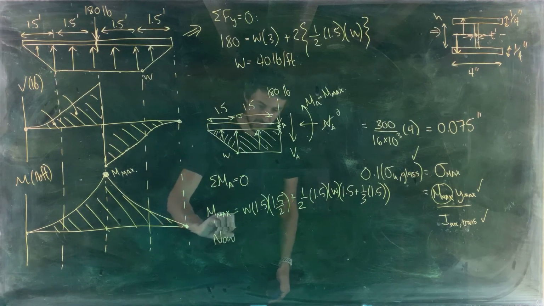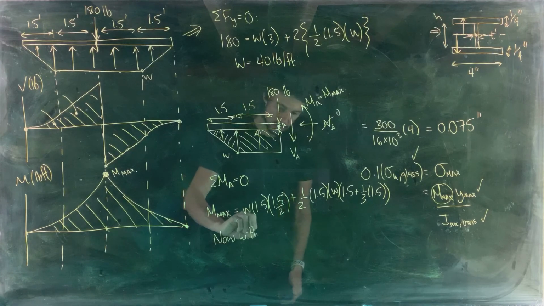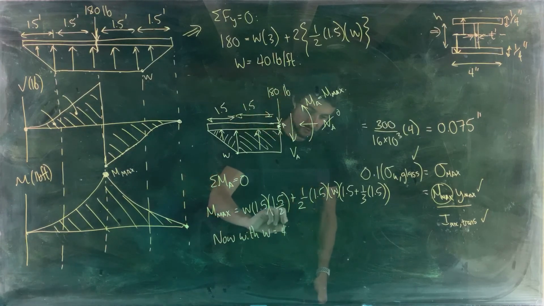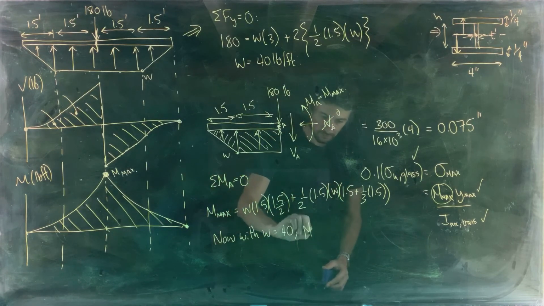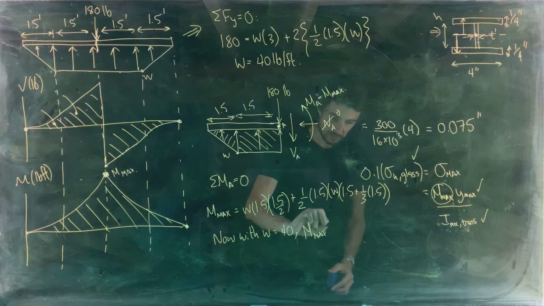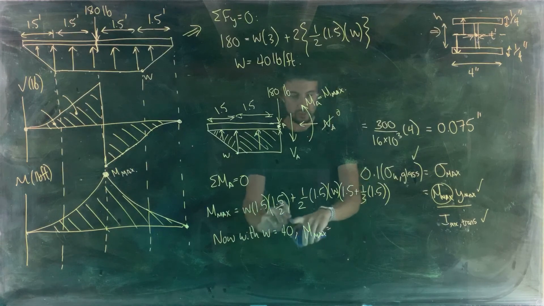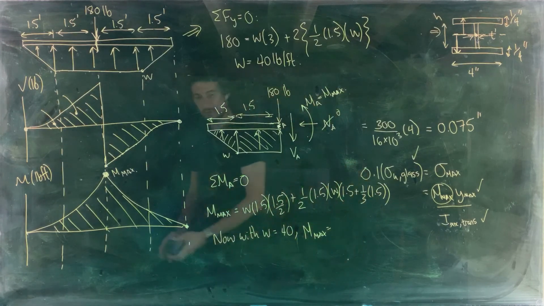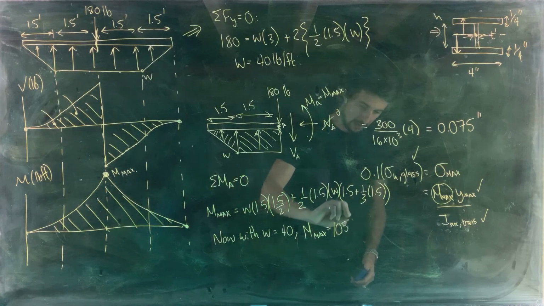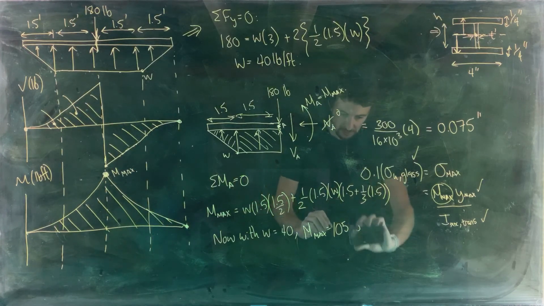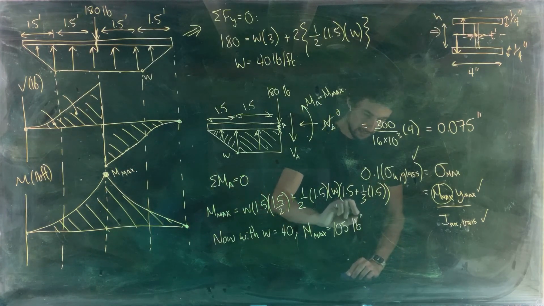Okay, so now we can go ahead and put W back in down here and solve. So now with W equal to 40, M max. Okay, put your 40s in for W, evaluate that expression there, and you get the maximum internal moment is 105 pound-feet.